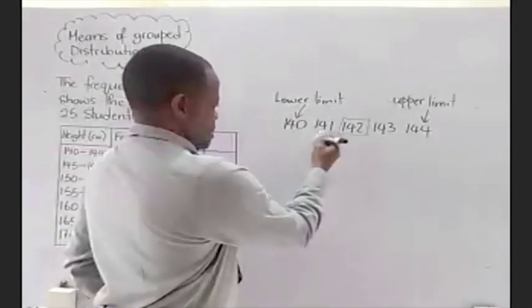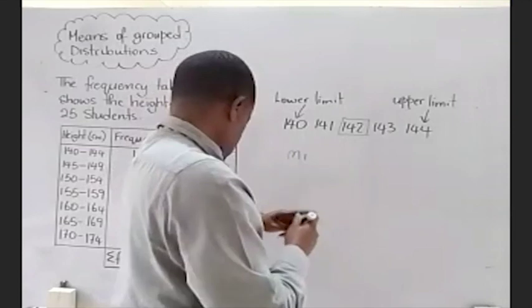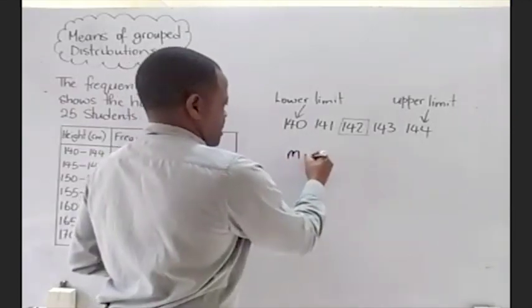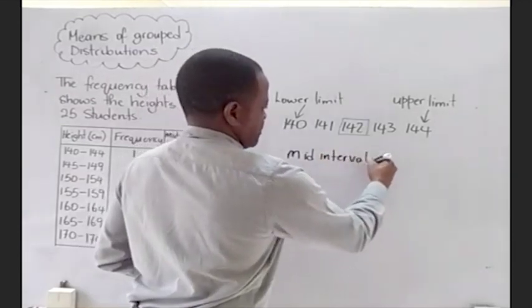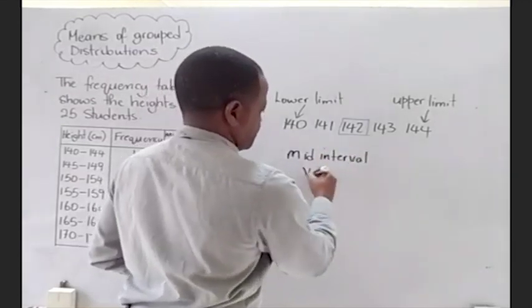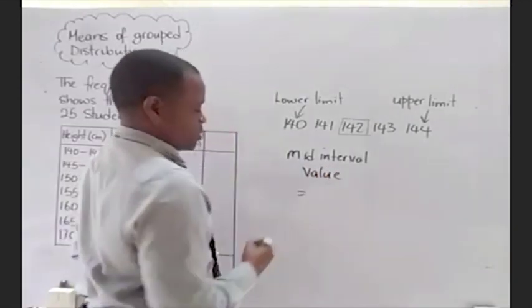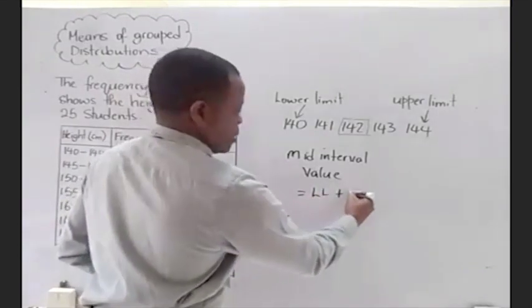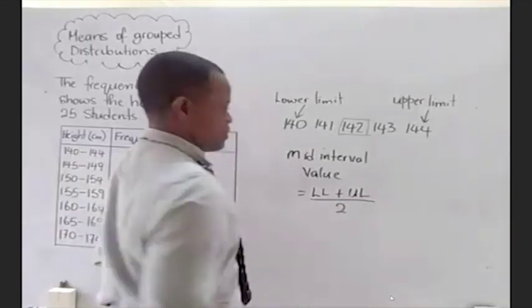So here we could say our mid-interval value is equal to our lower limit plus our upper limit divided by 2.